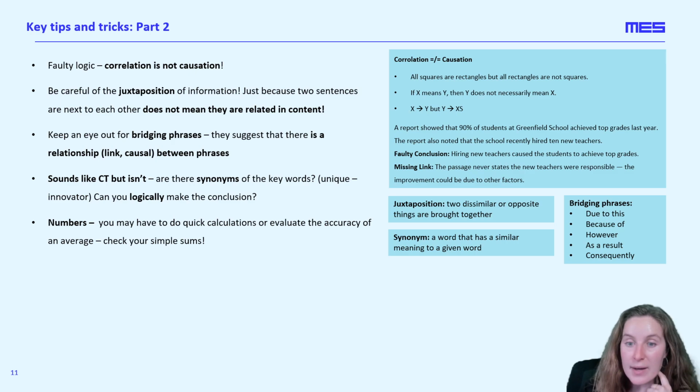Same with numbers. They may present you with dates and then suggest in one of the questions that these 2 events took place a certain amount of years apart. So you may have to do quick calculations, usually adding or subtracting, or double checking an average of a few numbers to evaluate the accuracy of those statements.